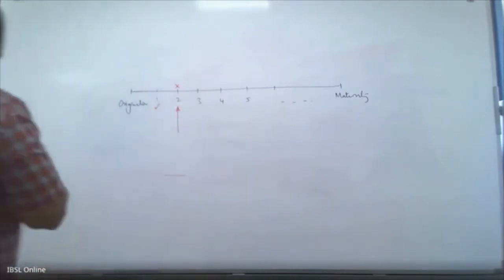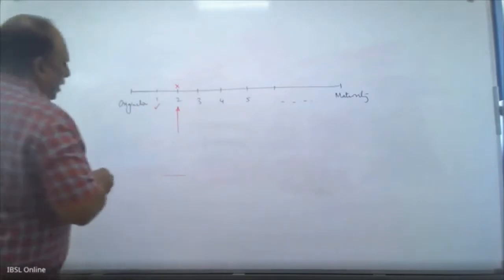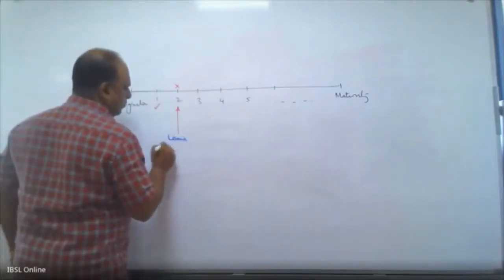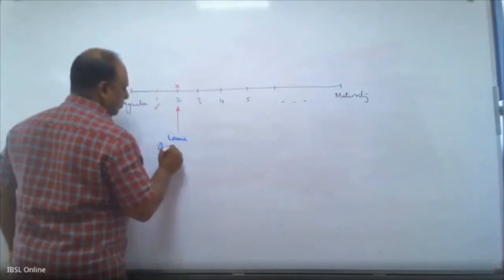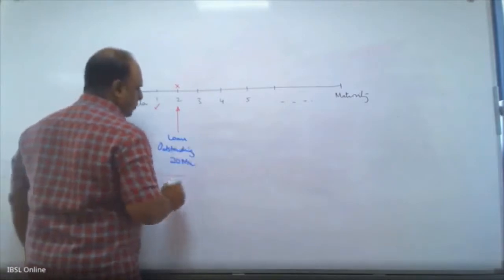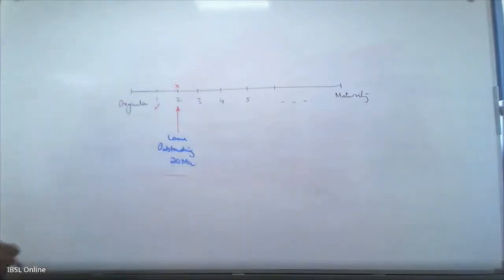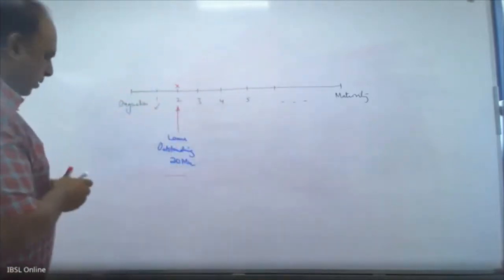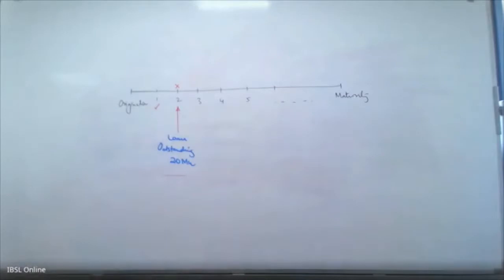And you have a loan outstanding, let's say 20 million. But it will be paid in installments like this.